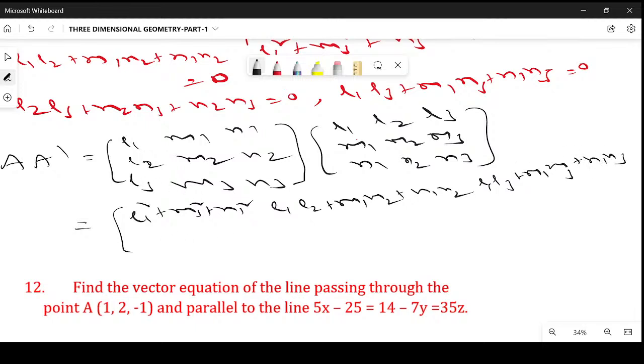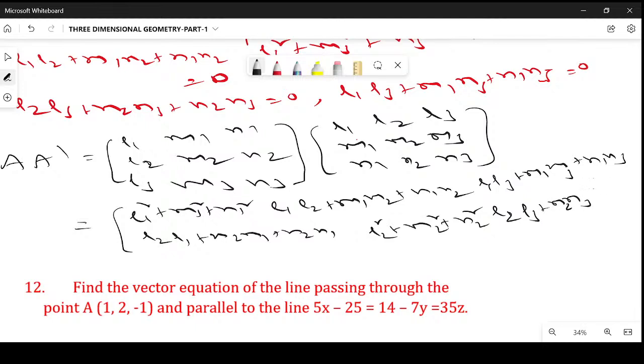Multiply this again: L2 L1 plus M2 M1 plus N2 N1, first element, first column. Again you will get L2 square plus M2 square plus N2 square. Now L2 L3, M2 M3 and N2 N3.